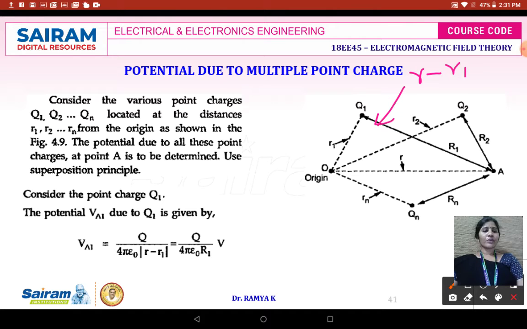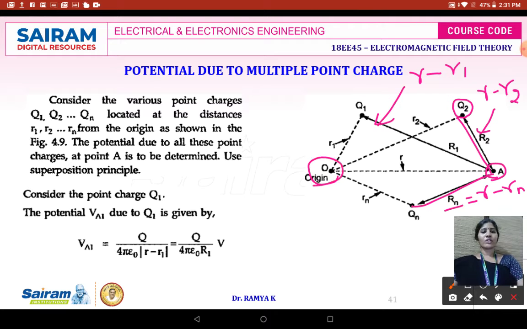Similarly, if you want to identify the potential at point A due to Q2, the distance between Q2 and A is going to be R2, which is nothing but small r minus R2. For the nth point charge, the distance between the nth point charge and the point A is going to be Rn, which is equal to small r minus Rn. This is how we need to identify the distance.